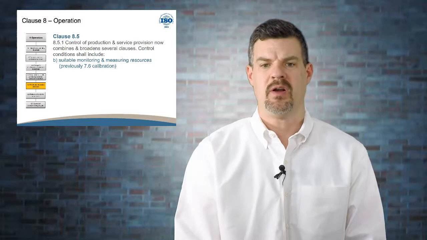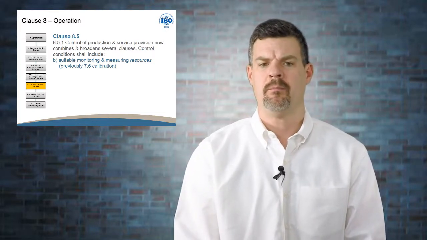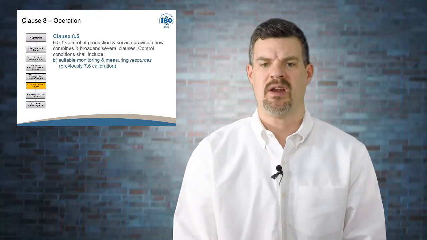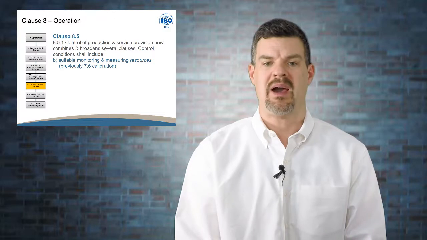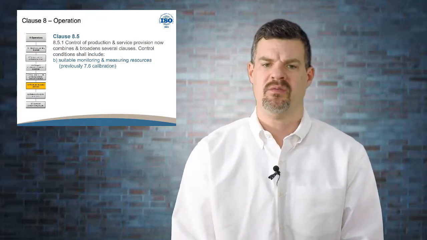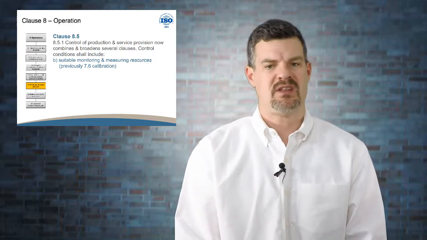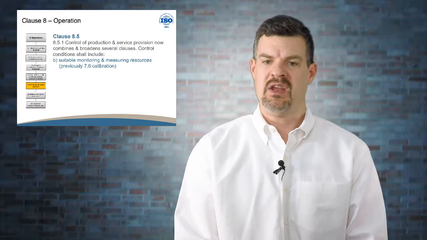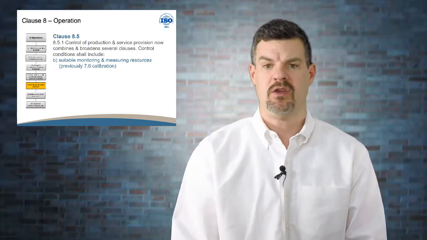So I'm a little bit concerned, and I can tell you on the IATF 16949 automotive QMS, they put some of these controls back in, which is a good thing. But the baseline 9001-2015 here, suitable monitoring and measuring resources. Again, it's not equipment, it's not machines necessarily. It could be equipment and machines, but it could also be human resources making kind of a go, no-go, pass-fail decision.